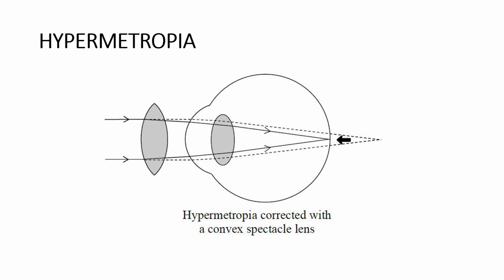Here one can just see how with a convex lens or a plus lens, hypermetropia is corrected.